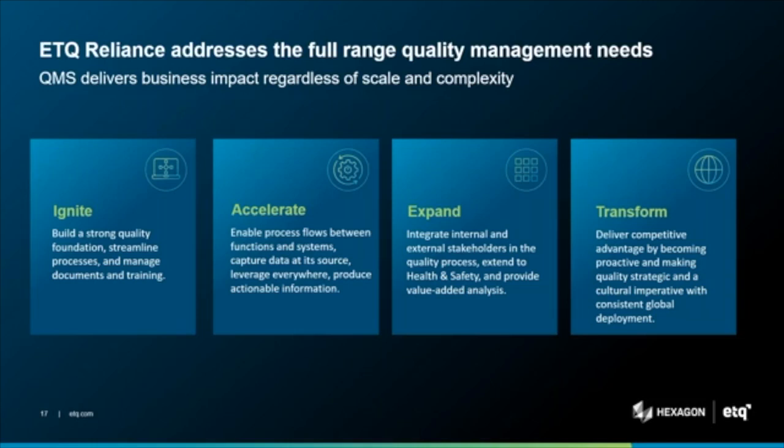From there, we move to the Accelerate phase, in which you're starting to really see the benefit of data flowing in and out of your quality management system, to capture the data, move it to the right people at the right time, analyze it appropriately, and improve the quality, accuracy, and speed of the decisions that you make that impact your product life cycle. From there, oftentimes customers will expand the reach of their quality management system. ETQ Reliance is a very open system with open APIs.